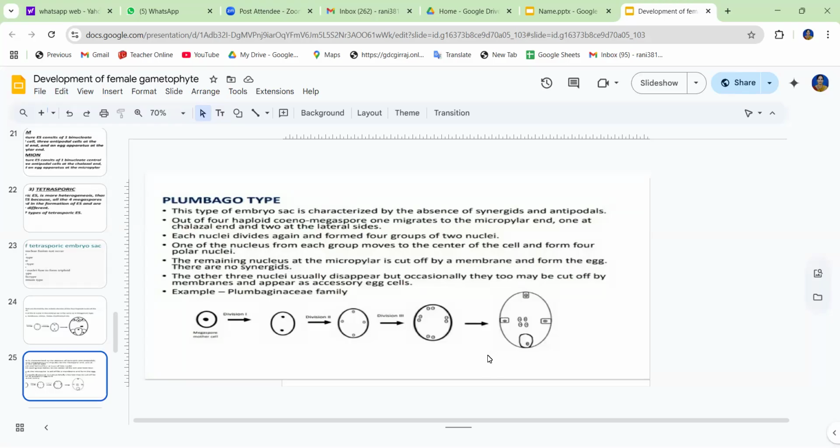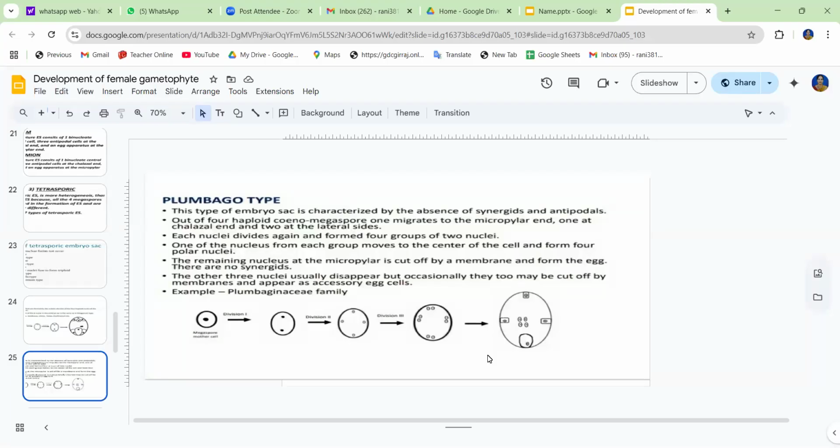So 1 nucleus from each of the 4 pairs approach each other in the center and form the tetraploid secondary nucleus, and the remaining 3 nuclei degenerate.